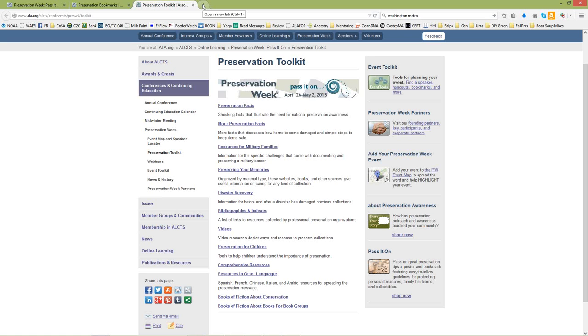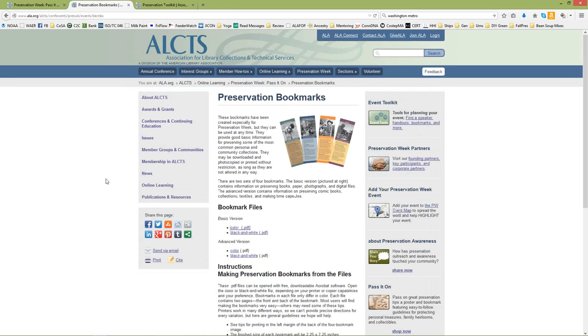In a similar question, does the Preservation Toolkit include resources for digital preservation, which is maybe where we're going with digitizing the old photos? The Preservation Toolkit in and of itself doesn't.